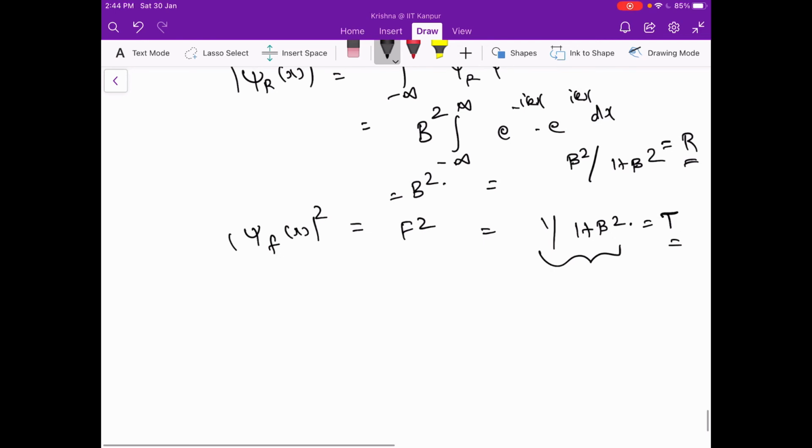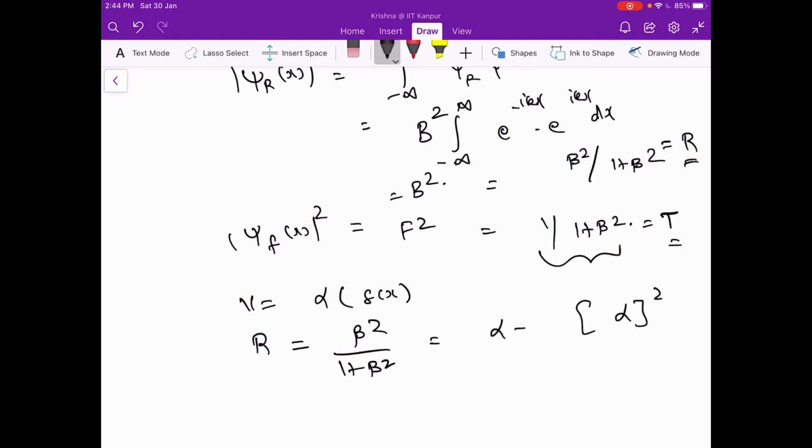So the probability to be reflected back from a potential V defined by α δ(x) is R = β²/(1 + β²), and β is basically mα/ħ². So R depends on only α squared.